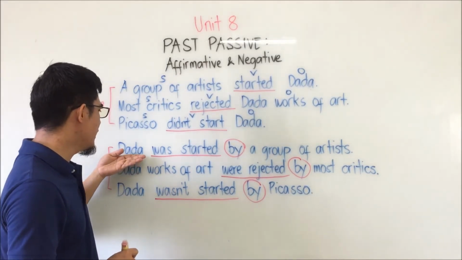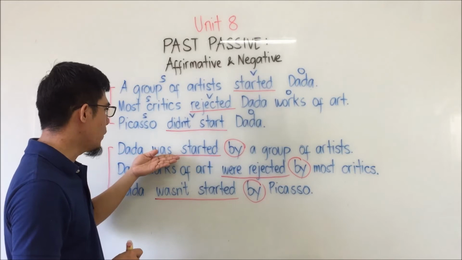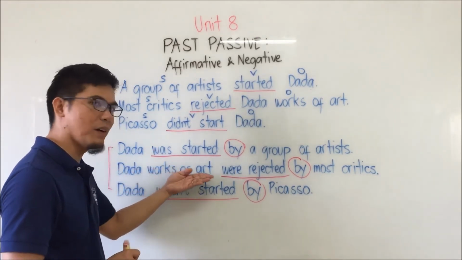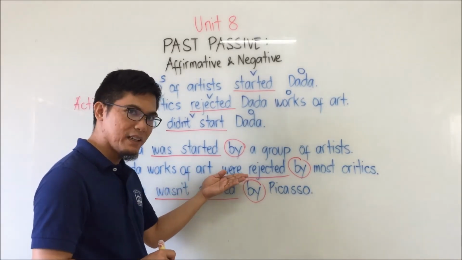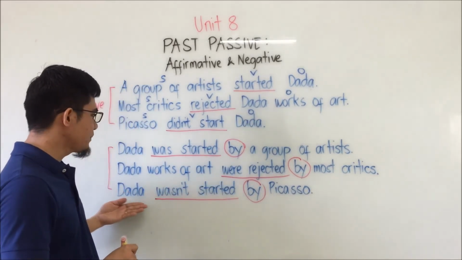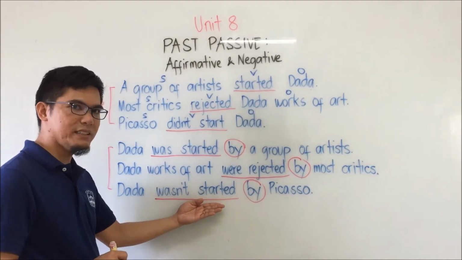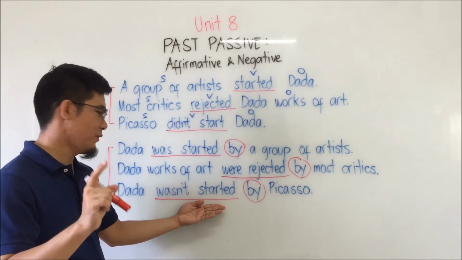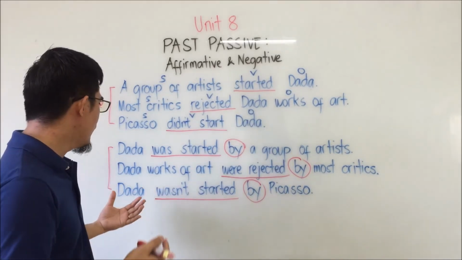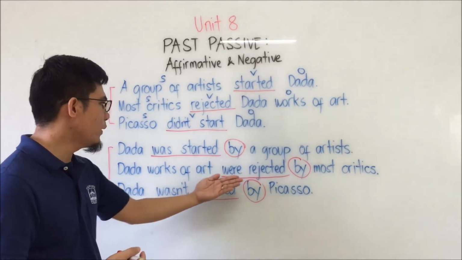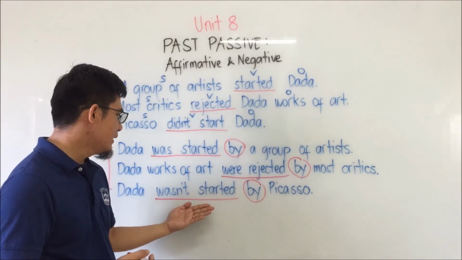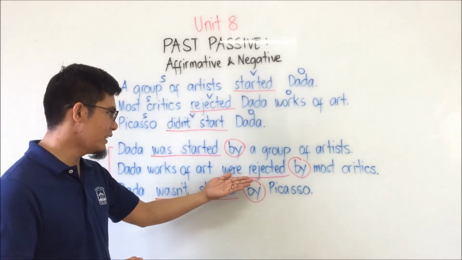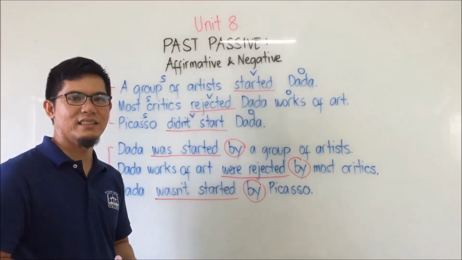This is a singular subject, so we use was. For a plural subject, Dada works of art, we use were. Dada wasn't started is singular negative. For plural negative, we use weren't started.